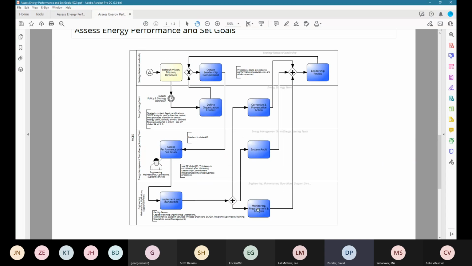So if something isn't performing as expected, you might go back and say, why aren't we seeing the results that we expected to see? Are people following the standardized practice that we have put out there? If not, let's take that corrective action to put things back.